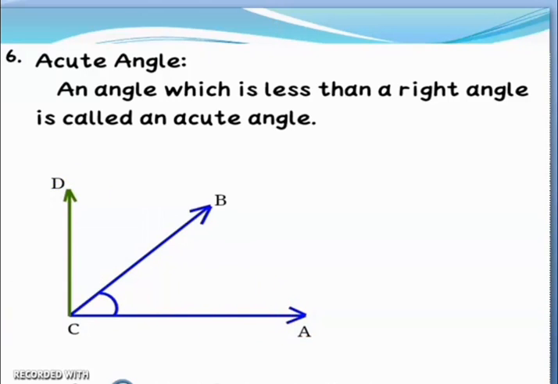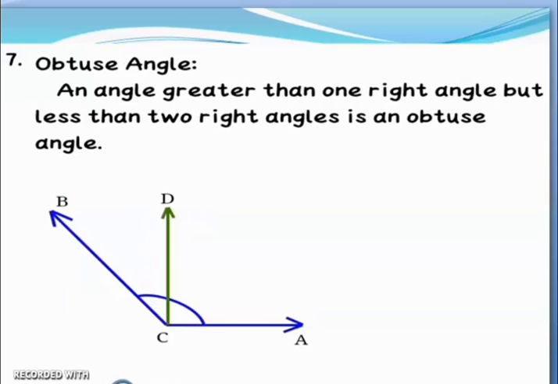After this, there is another type of angle, that is the obtuse angle. Obtuse angles are always greater than 90 degrees, or we can say greater than one right angle, but less than two right angles. That is, we have to keep in mind that an obtuse angle is always greater than 90 degrees and less than two right angles, that is less than 180 degrees.